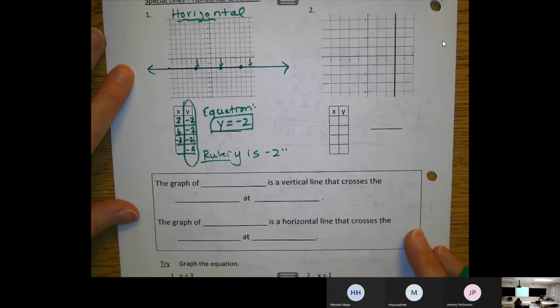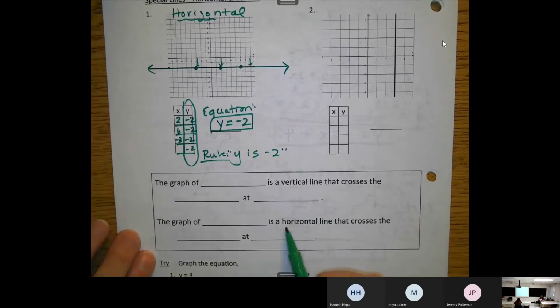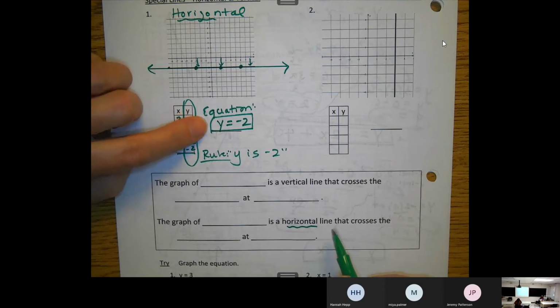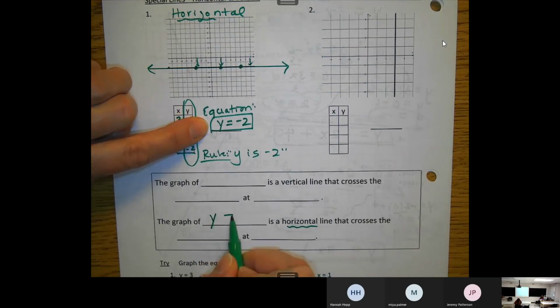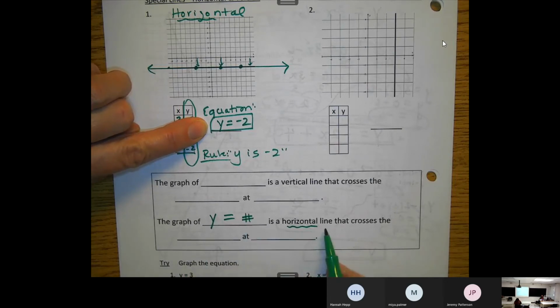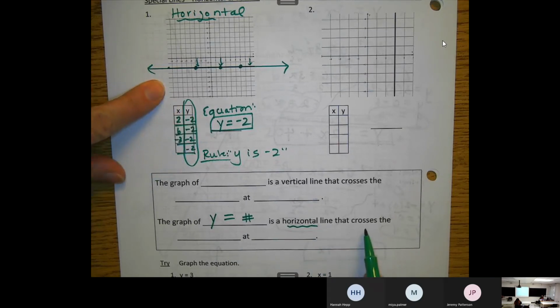So let's see down below where there's some blanks, the ones that talk about the horizontal line. What we're seeing here is the equation is going to start out with y equals. So the graph of y equals any number is going to be a horizontal line. Which axis did it cross?